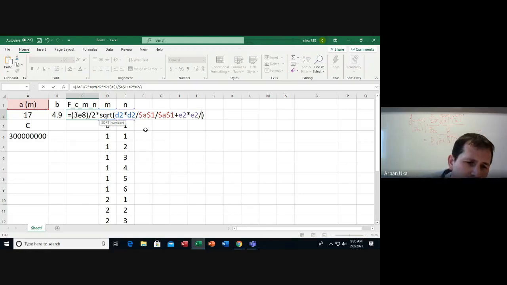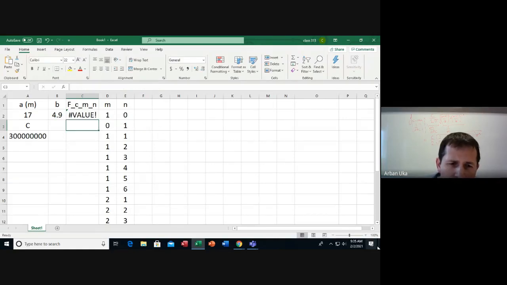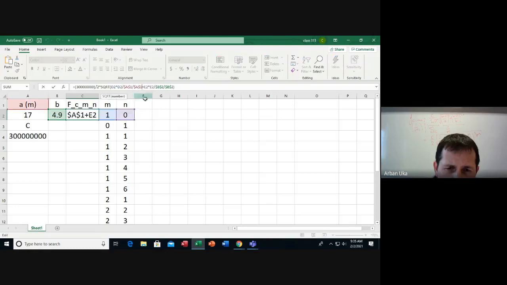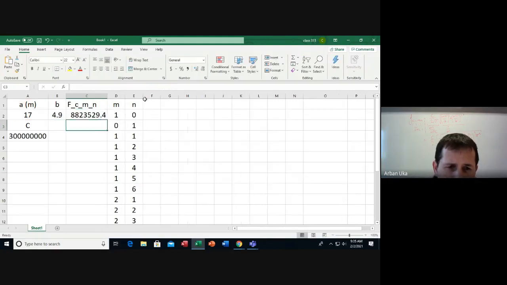So we want to divide by 4.9 squared, divided by b2, because we want to keep this value constant, and we get a 0 because this is not a1, this should be a2. So to keep constant the value of the column, we put a dollar sign. To keep constant also the value of the row, we put another dollar sign.